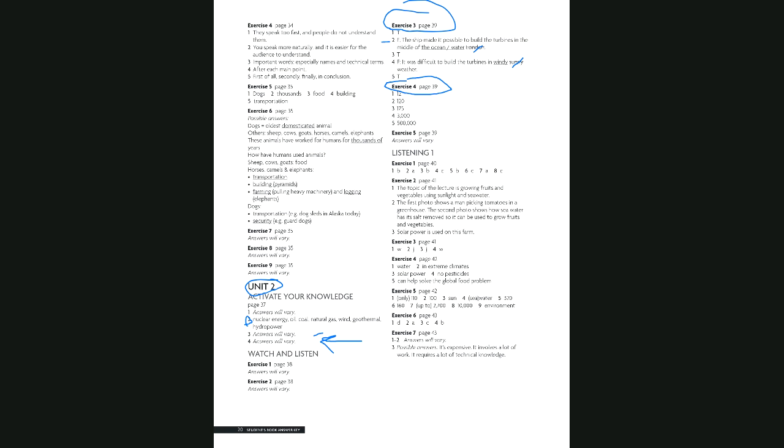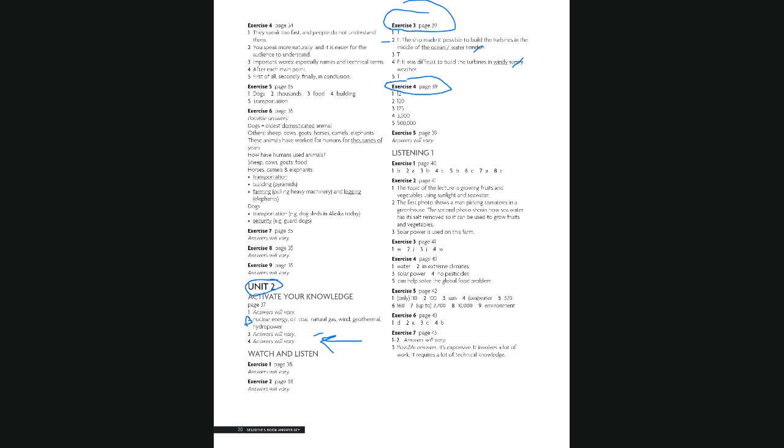All right, turn the page. Exercise 4, page 42. Number 1, water. Number 2, in extreme climates. We just use the water, not solar energy. Water is used to make the plants grow along with solar energy.